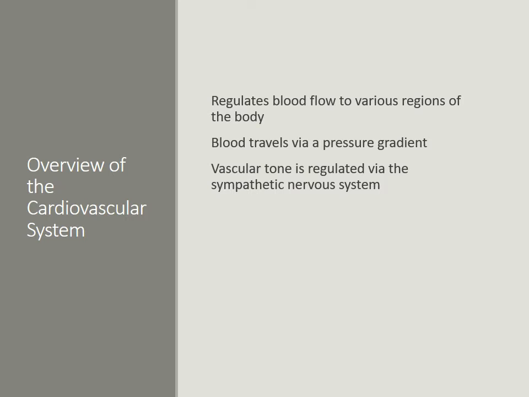Vascular tone is regulated via the sympathetic nervous system and the circulation of neurotransmitters and hormones like epinephrine, vasopressin, and angiotensin. Several factors exert an effect on vascular tone as a response to tissue perfusion and circulatory volume.